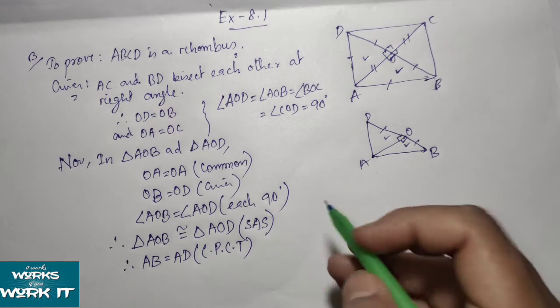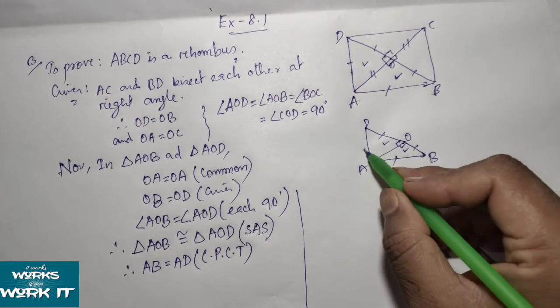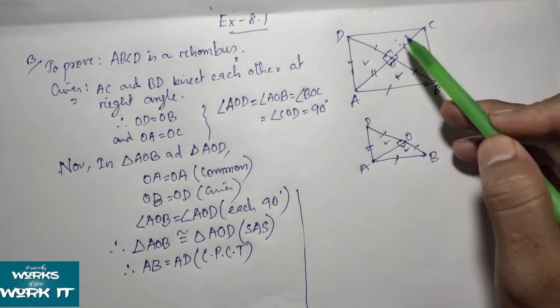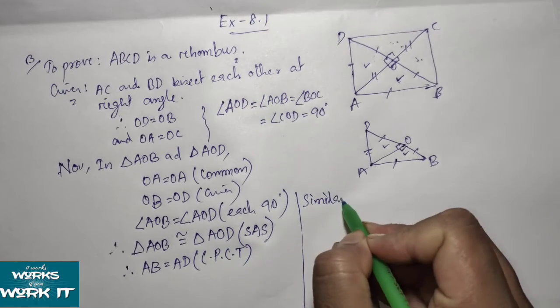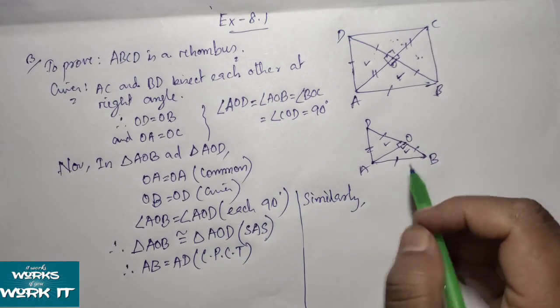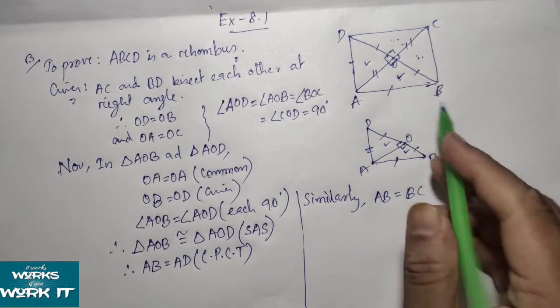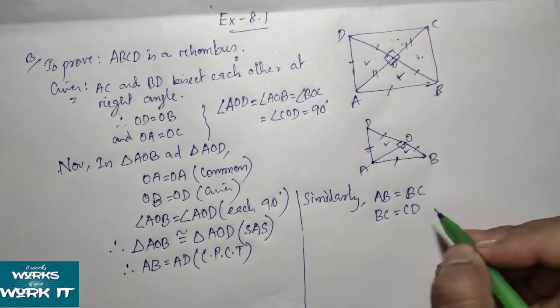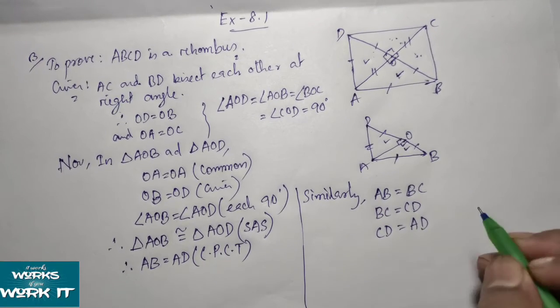So now if I have got AB equal to AD, similarly using the other triangles I can show AB will be equal to BC, BC will be equal to CD, and CD will be equal to AD.